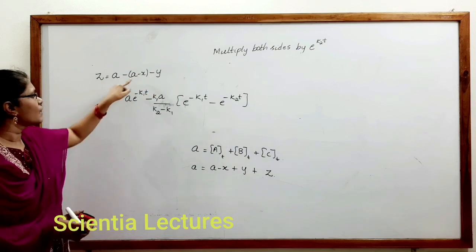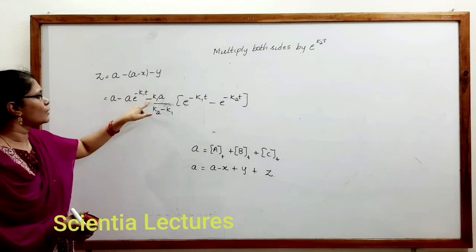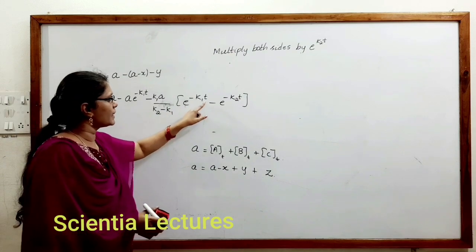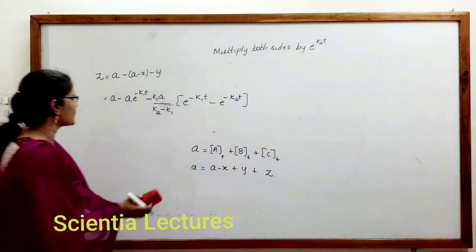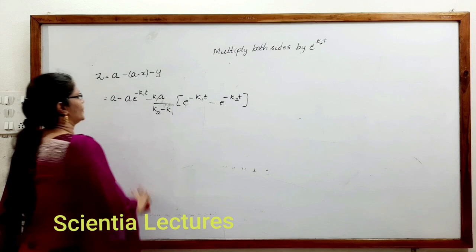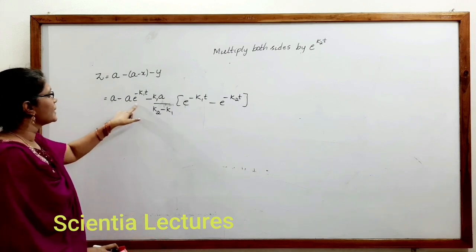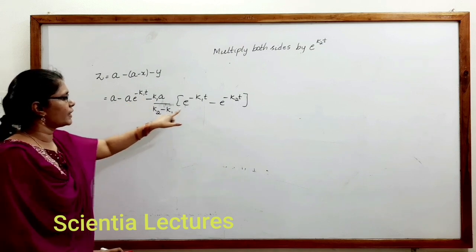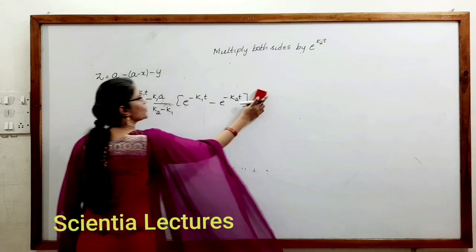So a minus, what is a minus x? a e power minus k1t. What is the y value? Minus k1a by k2 minus k1 into e power minus k1t minus e power minus k2t. That must be z. So taking a as common in everything, you can get 1 minus e power minus k1t minus k1 by k2 minus k1 into e power minus k1t minus e power minus k2t.